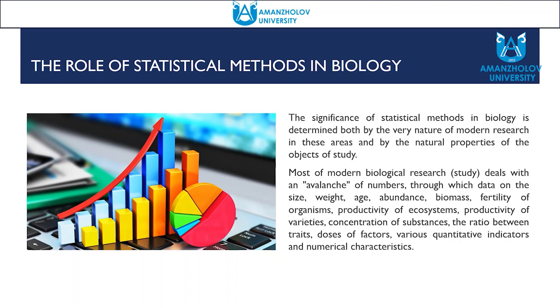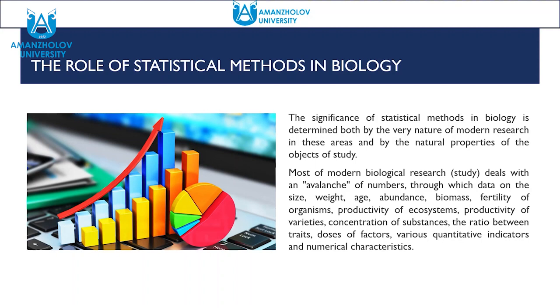This apparently initially chaotic set of primarily numerical information is compounded by the properties of the objects of study themselves, which enhance the scatter of data, in particular the wide variability of living systems. Modern statistics is so useful in processing numerical data in biology precisely because it is based on the recognition of this variability and has powerful tools for accounting for it.